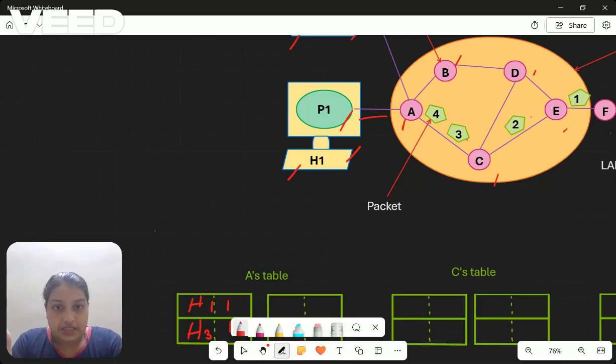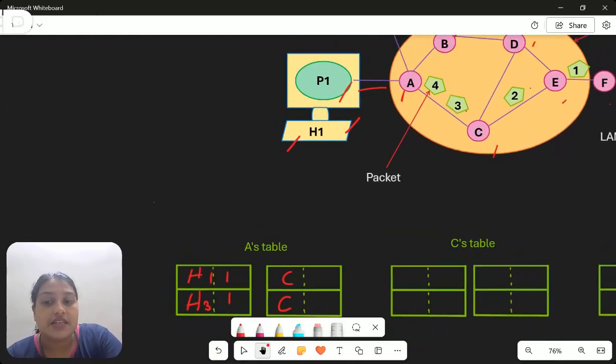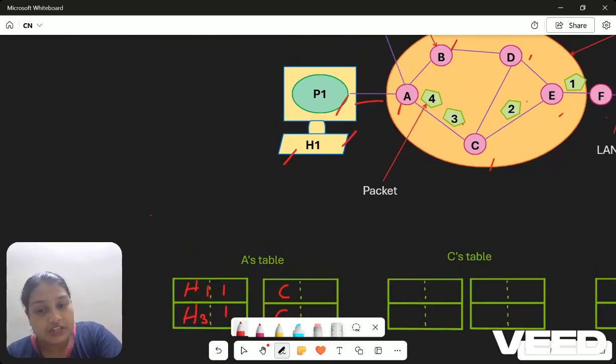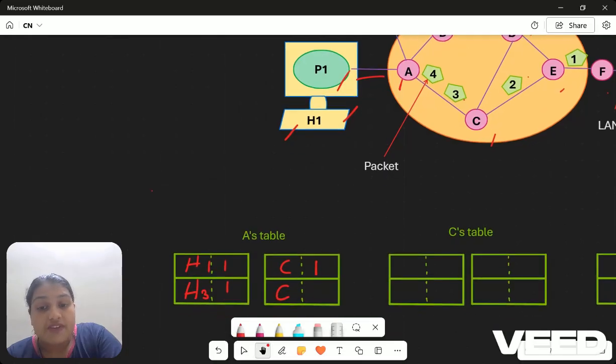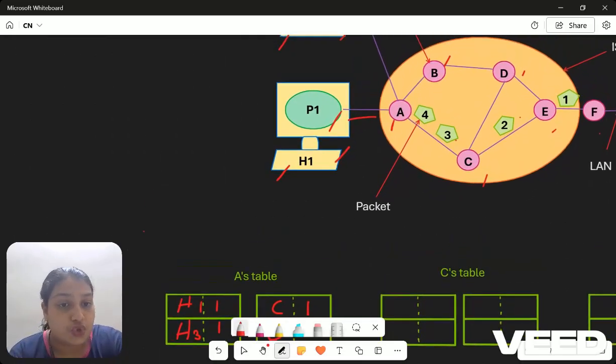And A is passing it to C. When it reaches C, for the first one, H1, the identifier will be 1 itself. But when H3's packet reaches C, the identifier has to be changed, because it cannot be the same.